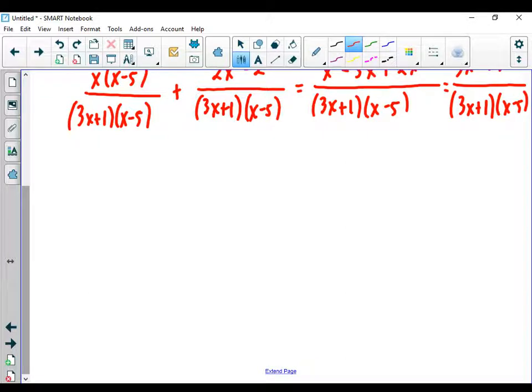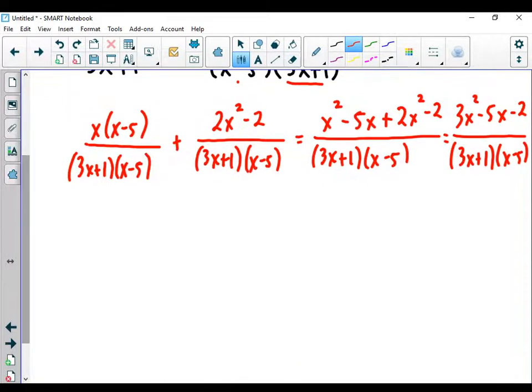Well, just like any other fraction, we always want to check and see, could I possibly simplify that? Well, again, the only way I could really simplify it is if I could factor the numerator, because right now it's not in factored form. Well, if I look at this one, my goal would be multiplying to get negative 6, adding to get negative 5. Well, that is possible. So let's see what I could factor that 3x squared minus 5x minus 2 into.